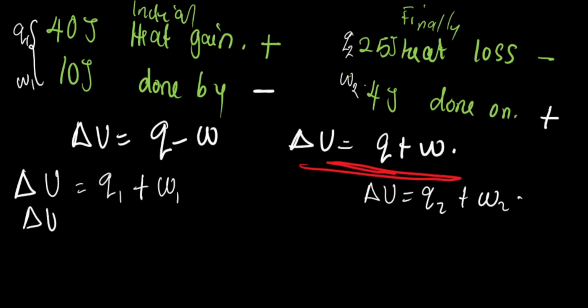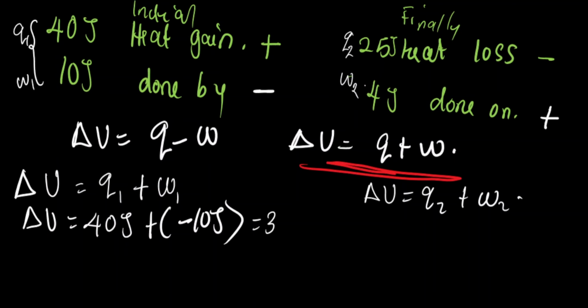Now, the change in internal energy for the first process is going to be 40 joules plus negative 10 joules. Okay, our sign conventions will still hold. This would give us 30 joules. Okay, so we have 30 joules here. And in this case, we would have negative 25 joules plus positive 4 joules.